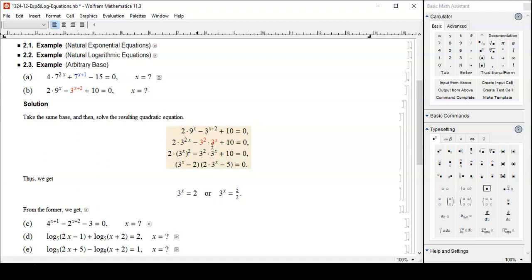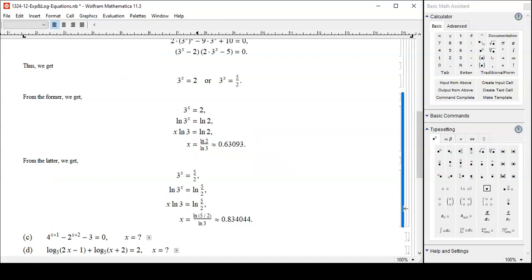9 times 3 to the x power, so this is 9, and then you can factor like this. And the 3 to the x power is 2 or 5/2. Both are positive, so both are valid. And then you can take the logarithm to figure those out.